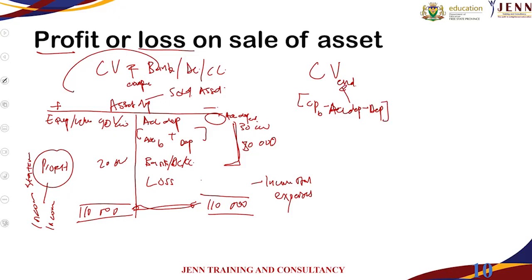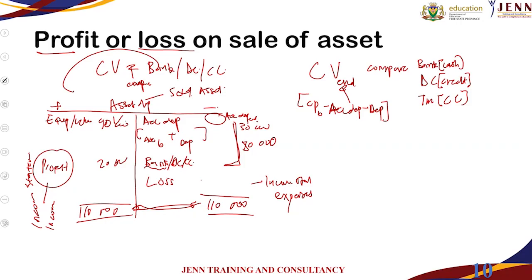The carrying value. We compare the carrying value against money received, that is bank, if we sold for cash, right? Which is here at this point, if we sold for cash. Or we can sell on credit, that is debtors control if we sold on credit. Or we can sell by trade in, that means we will owe those people. If we sold on credit, that will be creditors control. Right.